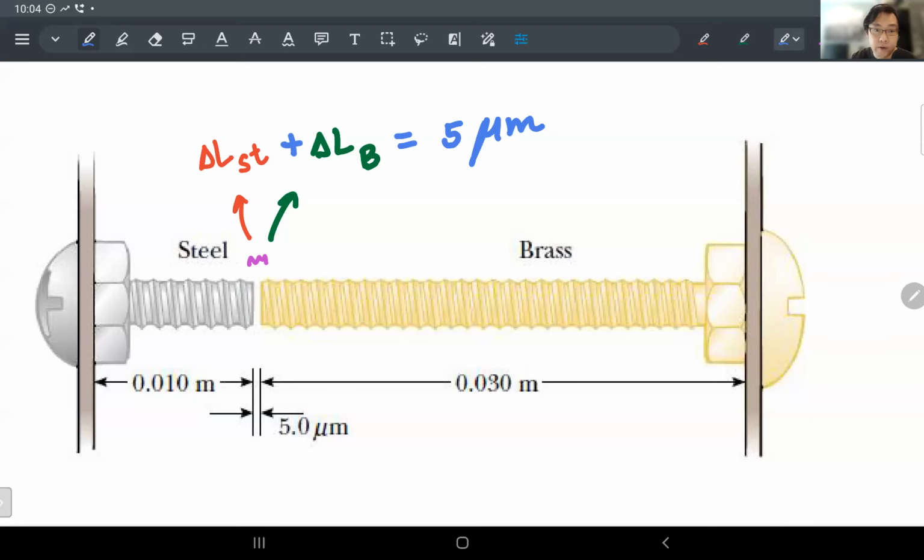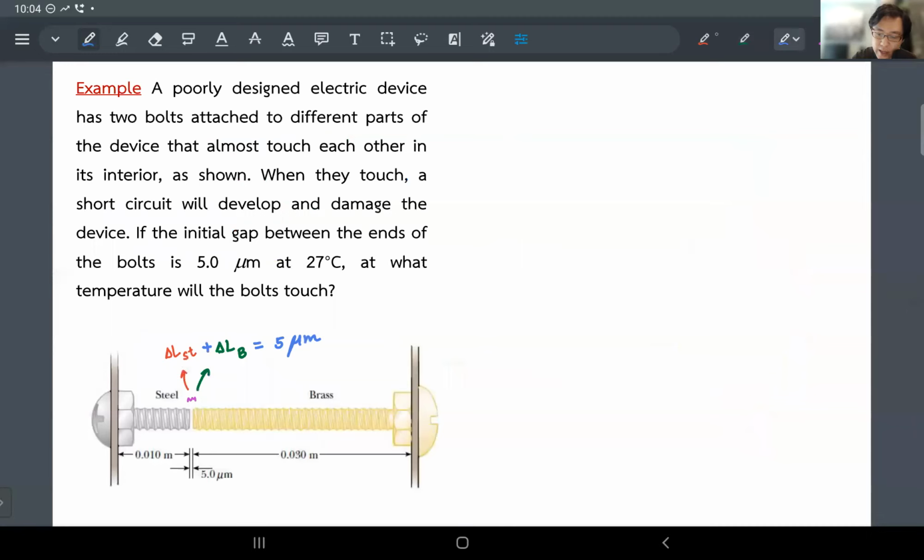All right. So what we need to do is just take care of the change in the length of the steel plus the change in the length of the brass. All right, how much is this? From last time, we can calculate by taking alpha, the coefficient of thermal expansion of the steel, with the subscript ST, times the initial length of the steel bolts, which is 0.01 meter, times the temperature change, because we don't know what the final temperature is.